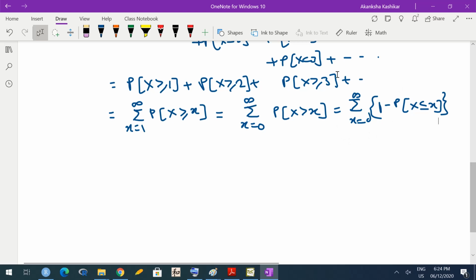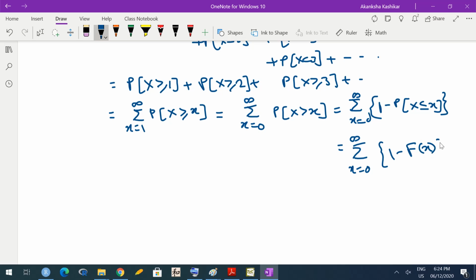So this is the same as the sum over x going from 0 to infinity of 1 minus CDF at x. So these are two important expressions for expectation of X. Either you can write it this way or this way.